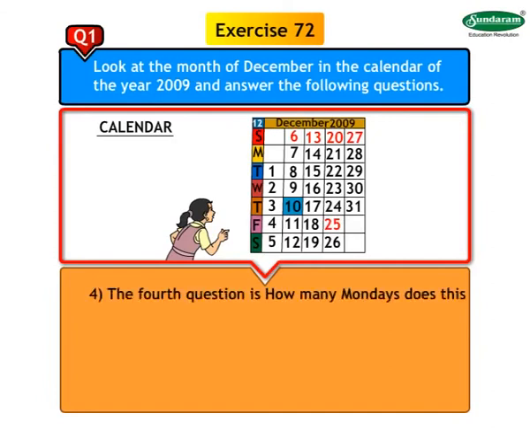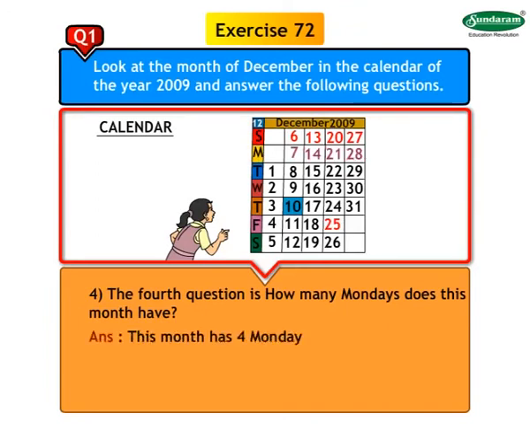4. How many Mondays does this month have? Now, in the calendar against M for Monday, 4 dates are written, namely 7, 14, 21, 28.